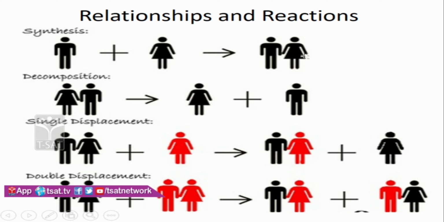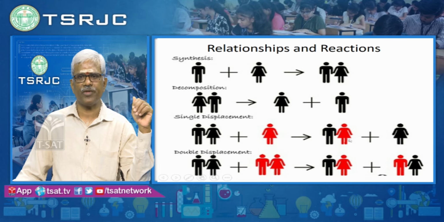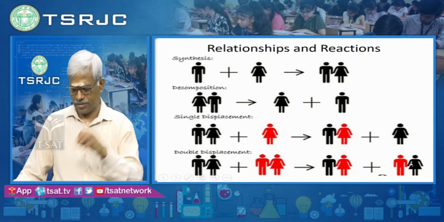Both the persons became a single unit, one single unit, that dissociates into two persons like that. If we consider this a molecule, this another atom or molecule, how has the replacement taken place? It is a single displacement. Here it is double displacement, red and black. Okay.